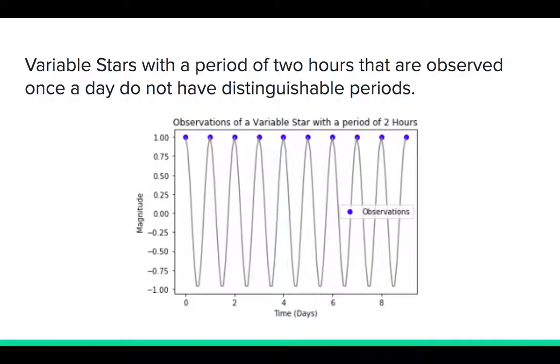So if you were to measure a star like this once every 24 hours and it only has a 2 hour period, there's no distinguishable pattern, and you can't tell what the period is because you can't fit this curved line. It would just look like a flat line.